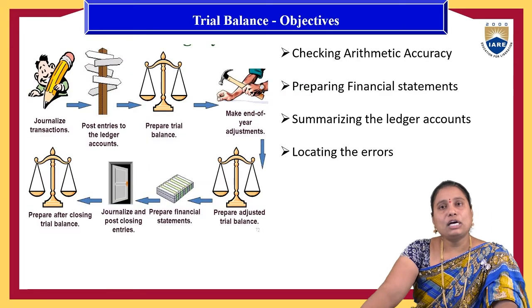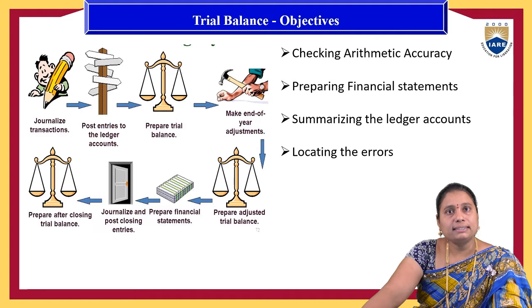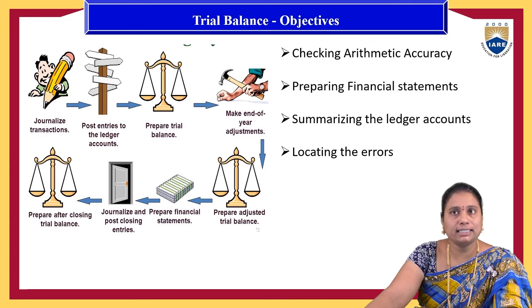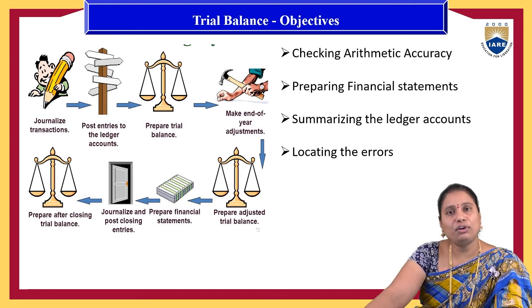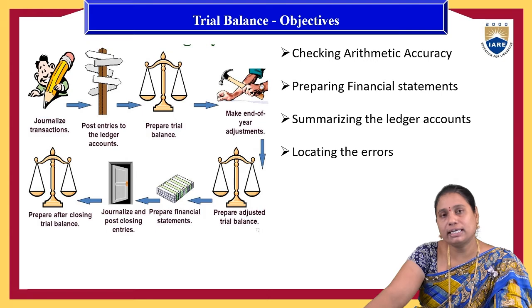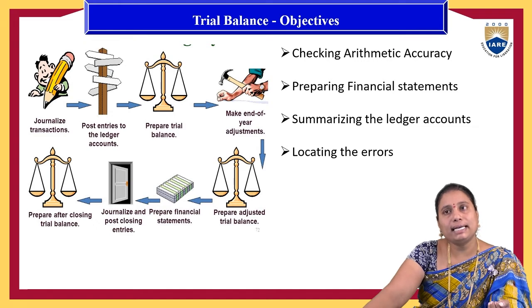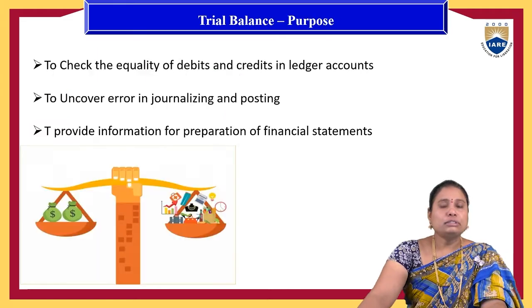If we see the objectives of this trial balance, it is there to check the arithmetic accuracy of the transactions recorded in the journal entries, and it is very useful for the preparation of the final accounts like trading account, profit and loss account, and the balance sheet. It summarizes the entire ledger accounts of the organization and makes it easy to locate errors in the transactions.